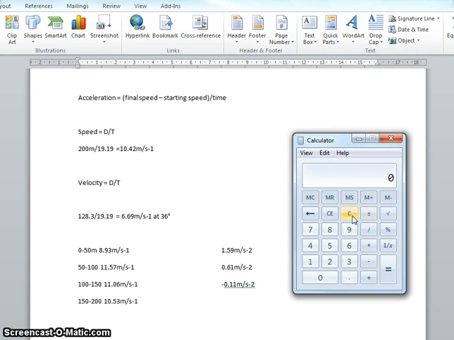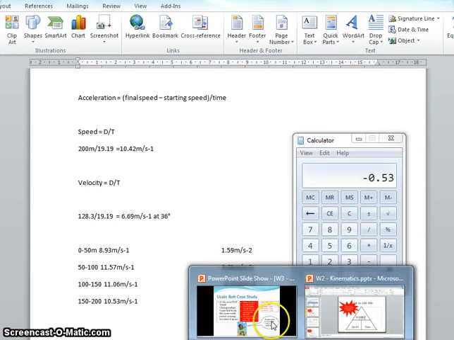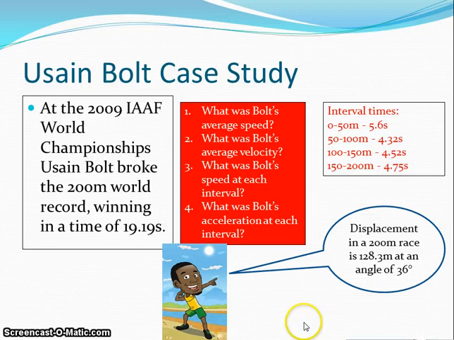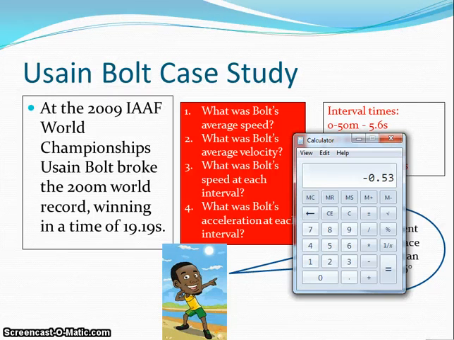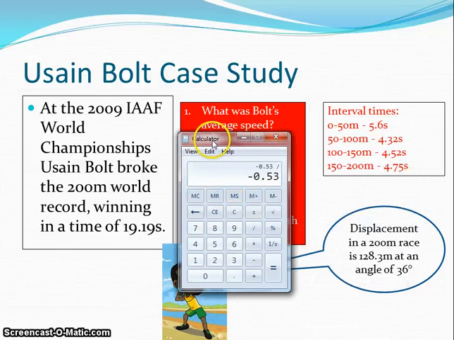So let's go back to the calculator. 10.53 minus 11.06 is minus 0.53. Let's get the time again, which is 4.75 seconds this time. So divide by 4.75 seconds.